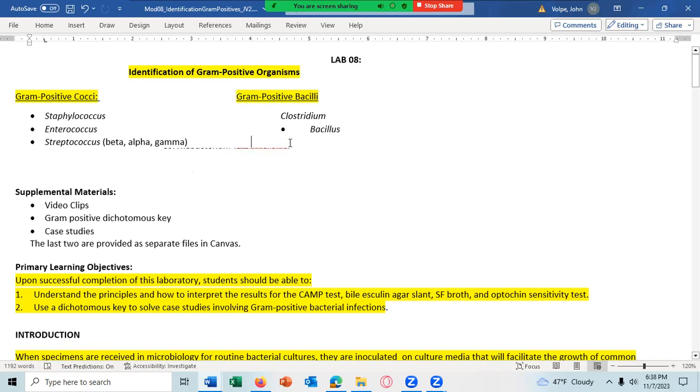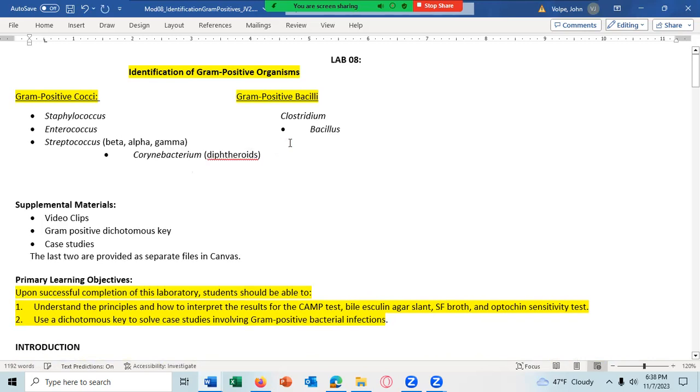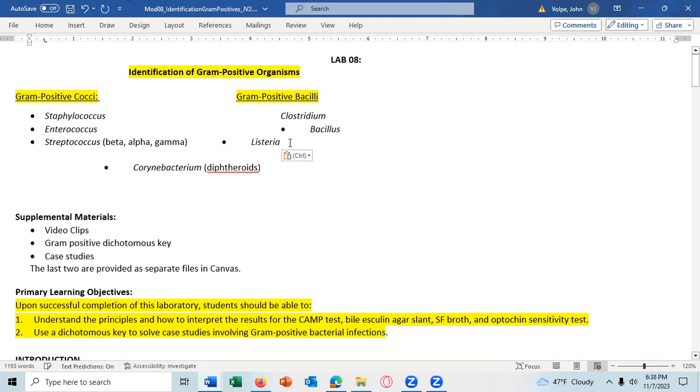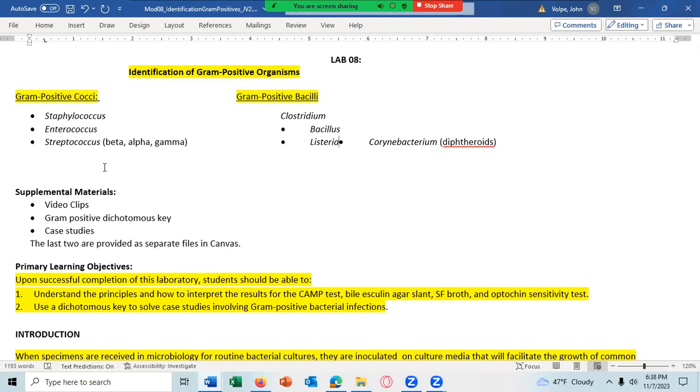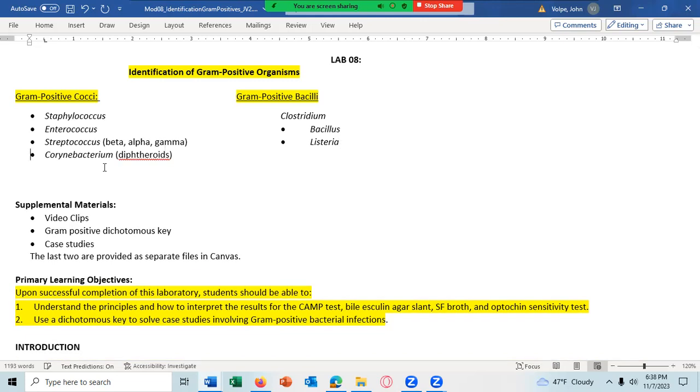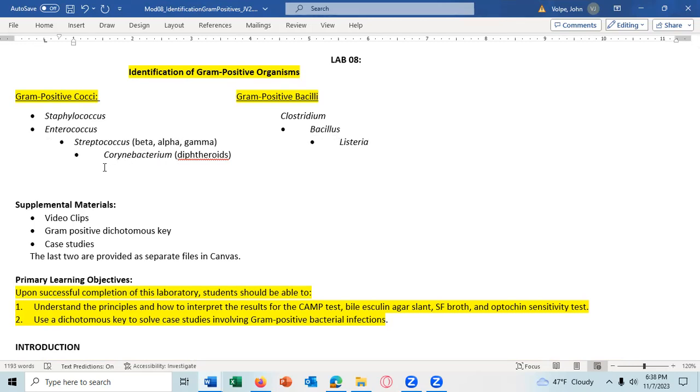I don't know what's going on here. We had one hidden. Oh, it's throwing it off now.